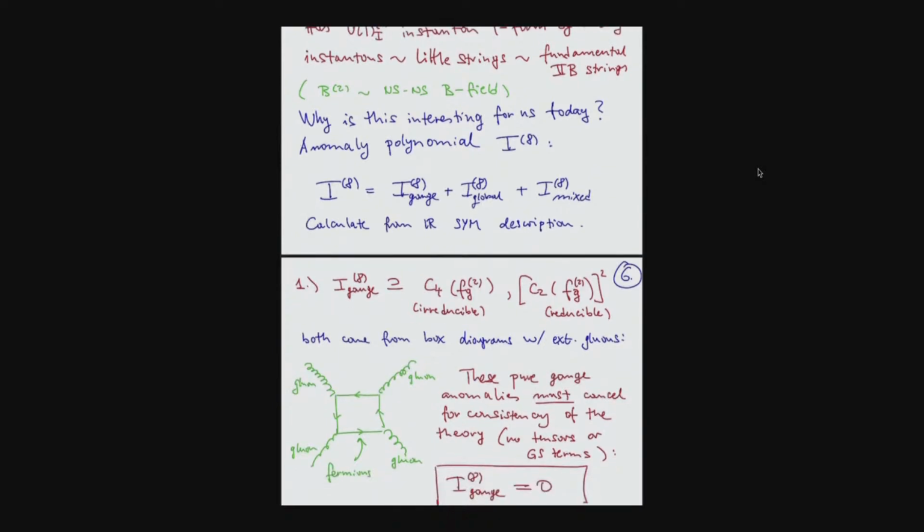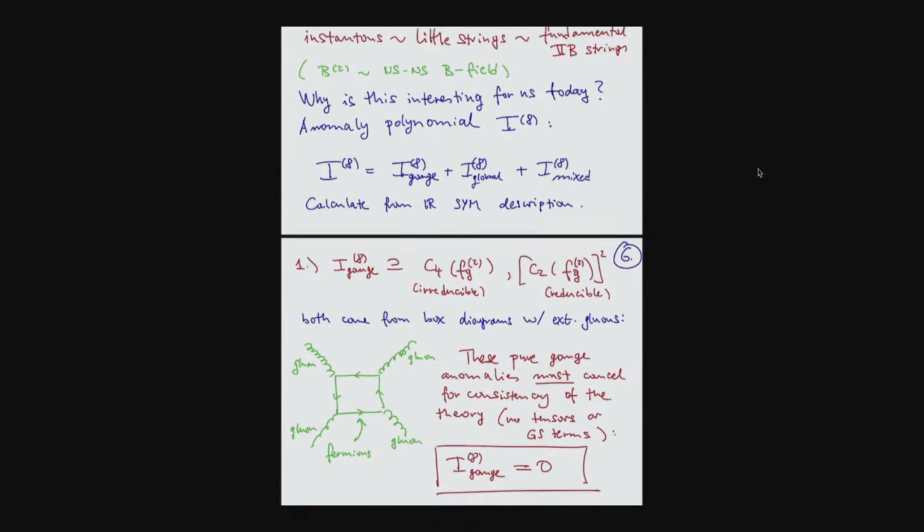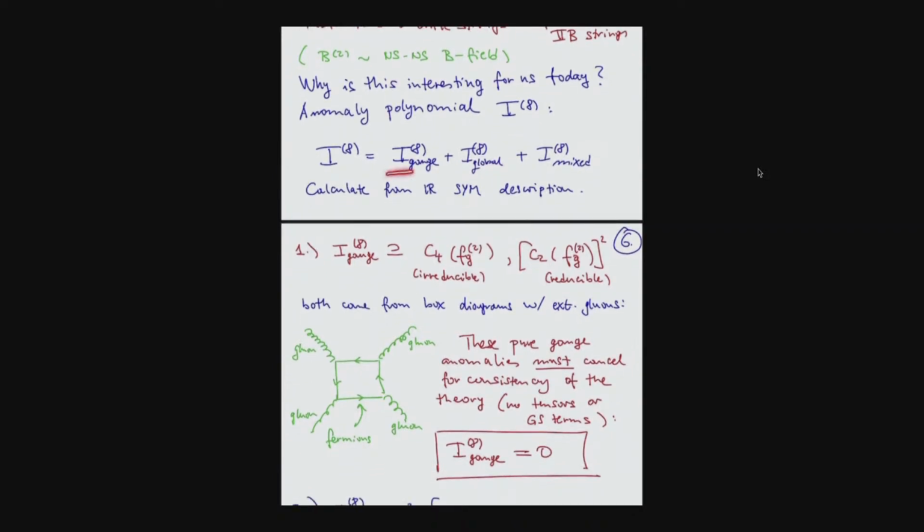So we're in 6 dimensions, and if we're interested in local anomalies, in other words, anomalies characterized by continuous symmetries and conserved currents, then the anomaly is captured by an anomaly 8-form polynomial. So here's my anomaly 8-form polynomial, which is an 8-form made out of various characteristic classes for both the dynamical and the background fields.